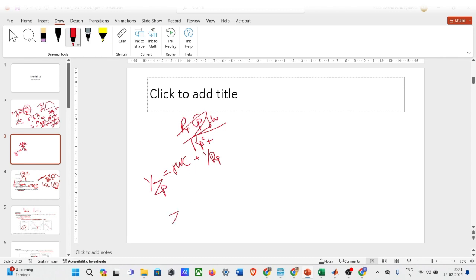So when I take the Z parallel, it will be nothing but 1 by j omega c plus 1 by Rp. Is it correct? I think it should be correct.